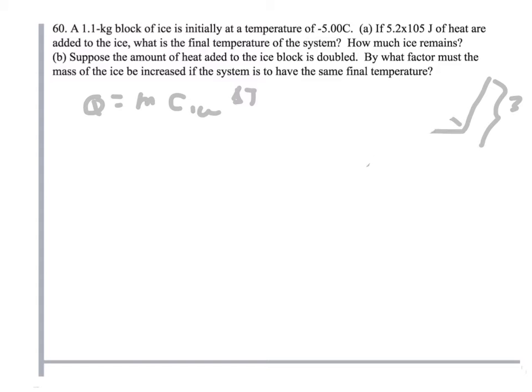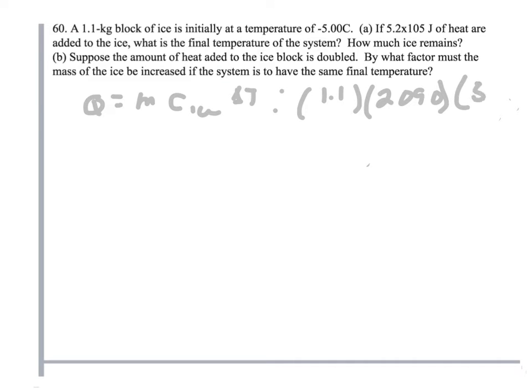You can refer to that from the other page, but basically we're still going up that step. So here now we can put our mass, which is 1.1 kilograms, and then the specific heat is 2090, and then our temperature difference is 5 degrees Celsius, or 5 Celsius degrees, we should say.